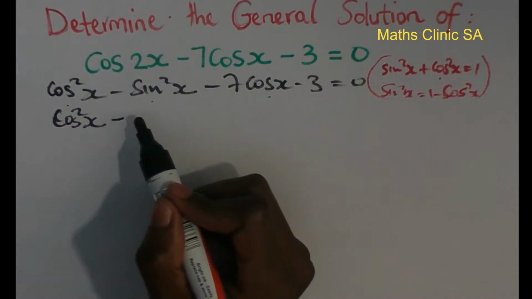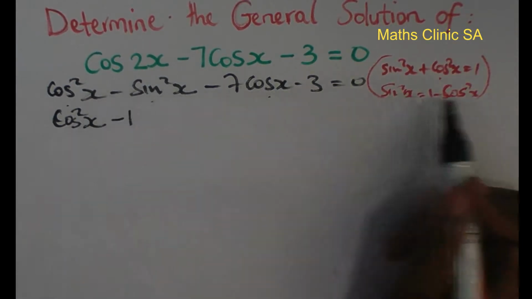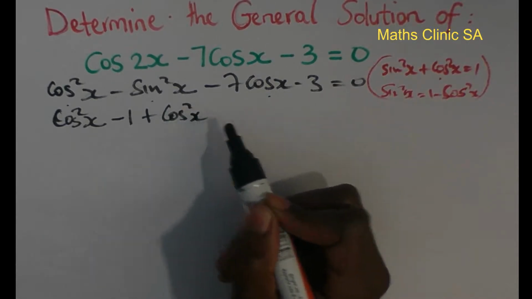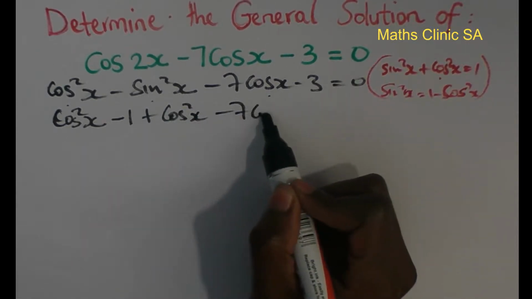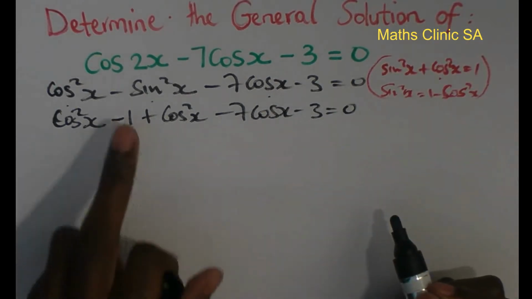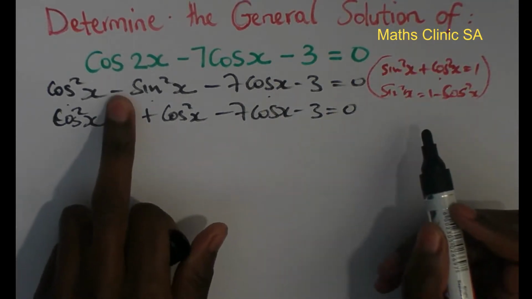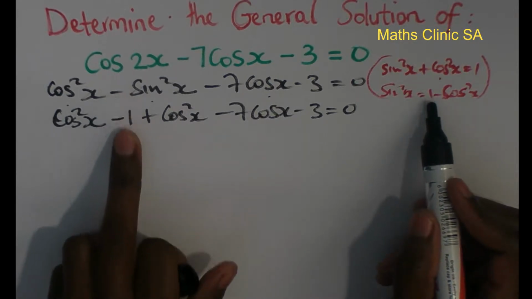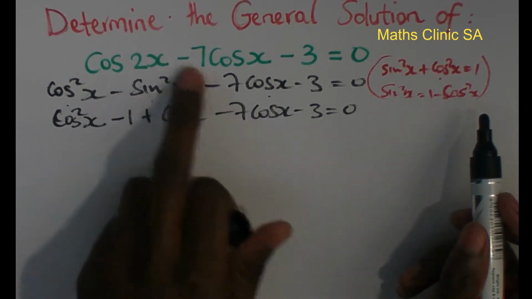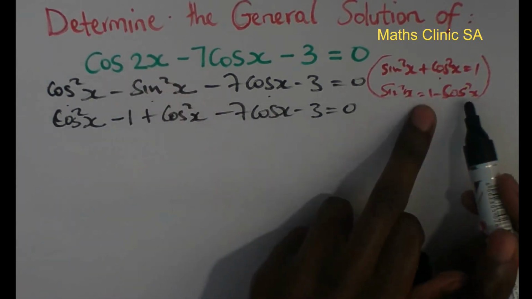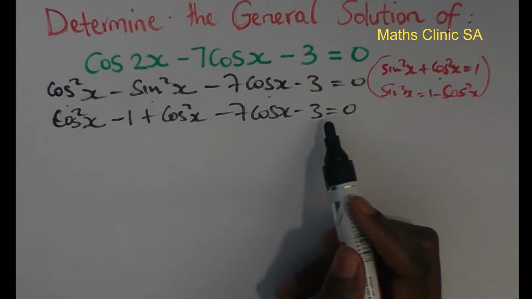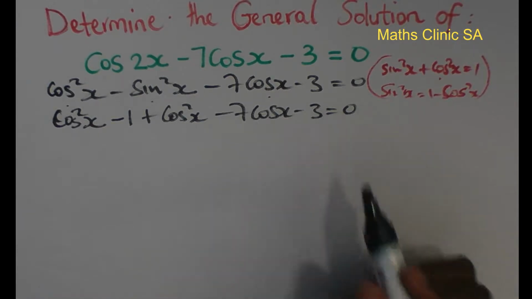So it's minus 1, so we multiply the negative, and it's a plus cos squared x minus 7 cos of x minus 3 equals 0. We multiply the negative because it's a negative 1 times the negative cos squared, which is positive. Replace sine squared x with 1 minus cos squared x, minus 7 cos x minus 3 equals 0.